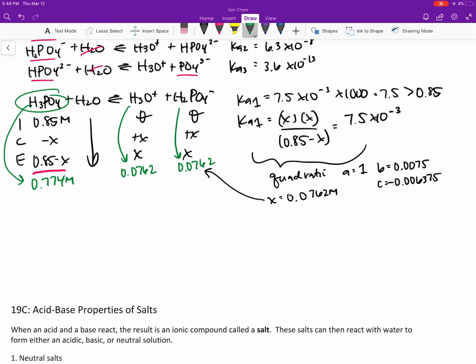So now, when I'm looking at my next ice table, I'm going to go ahead and work with the second one, which is right here. So I'm going to start off with my H2PO4, so kind of starting off where I ended last time.